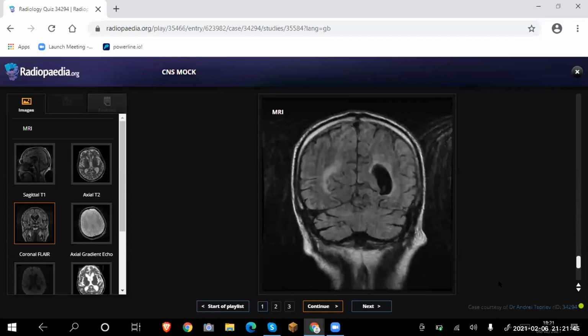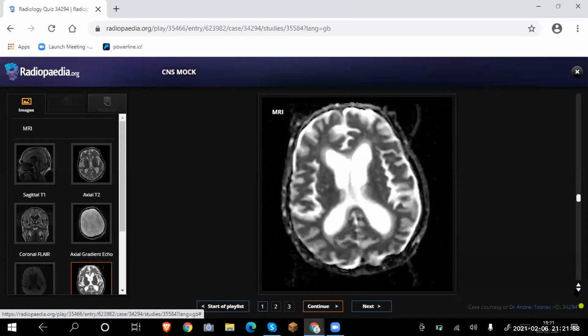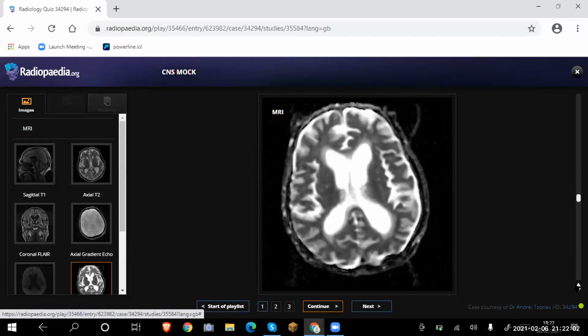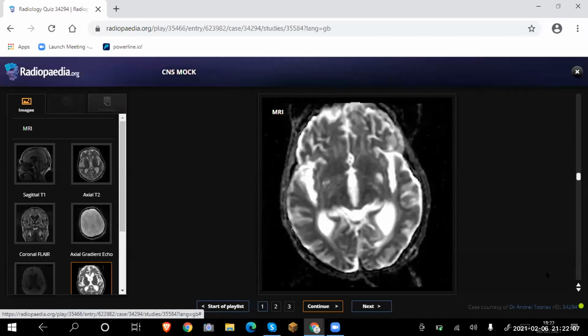You mentioned that the ventricles are prominent. So are they dilated, and is it obstructive or non-obstructive? First of all, I thought it is prominent due to cerebral atrophy, but I think it is more than prominent. It is dilated. Even the third ventricle looks really dilated.